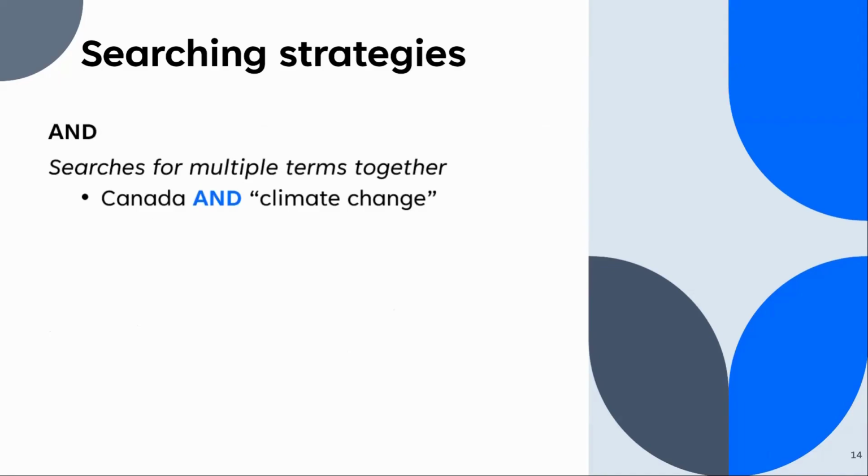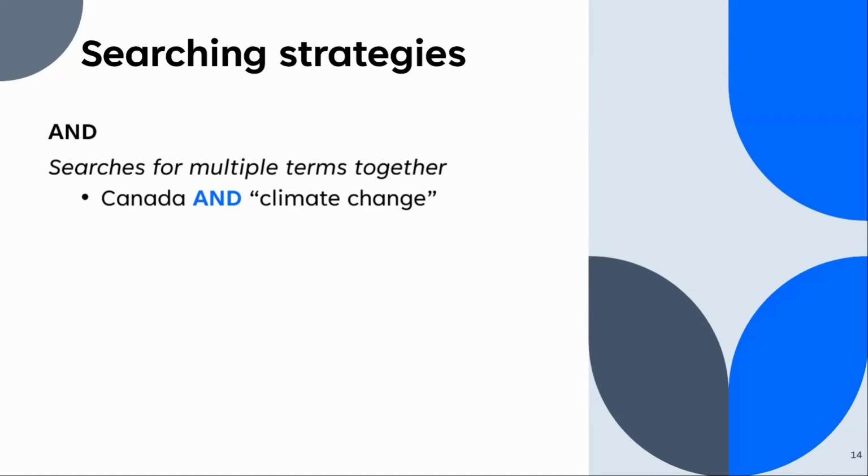Okay, so there are two more strategies. The next one here is AND, which is going to search for multiple terms together. For example, if you wanted an article that talked about climate change specifically in a Canadian context, then you could write Canada, and then in capital letters AND, then climate change.